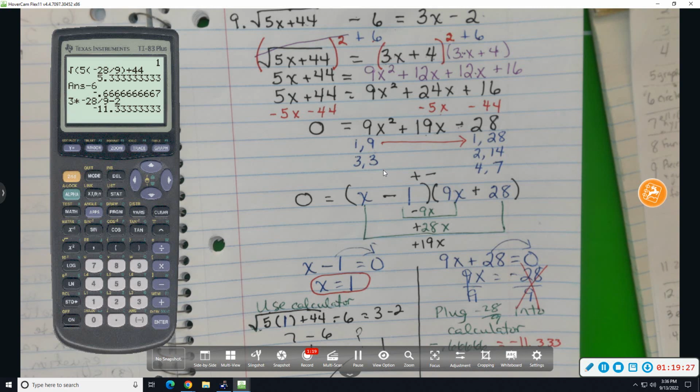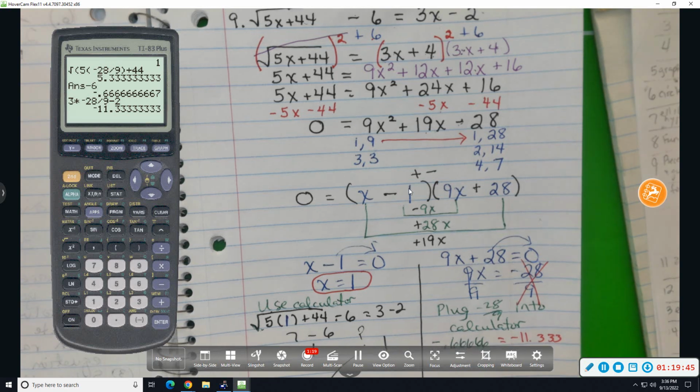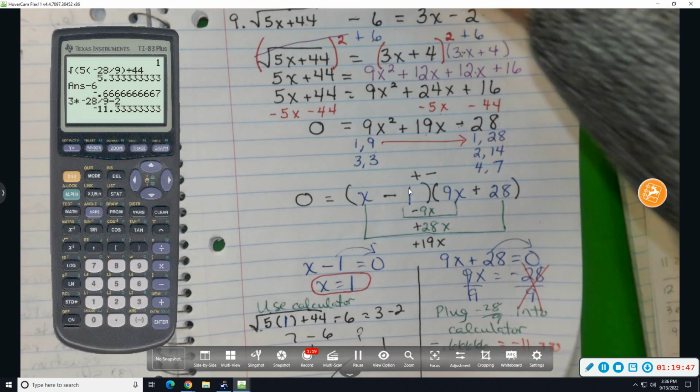If you'd used the quadratic formula, you would have still gotten a 1 and a negative 28 over 9. And so, since I want to take the time, I'm going to solve that equation using the quadratic formula. Do we have time for it? I think we do.